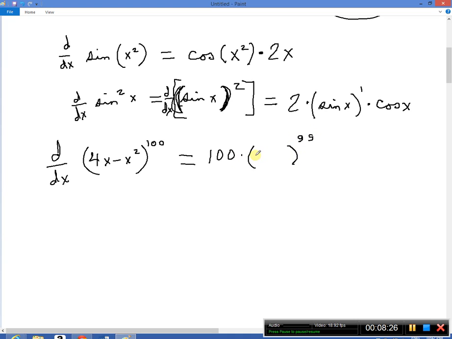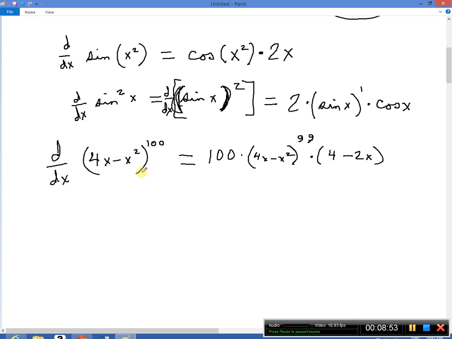And whatever is in there in this case is 4x minus x squared. Okay, that's the derivative of the outer function, plugging in whatever was there. But now the chain rule says, you've got to multiply by the derivative of what's inside. And that's going to be 4 minus 2x. Okay, and that's it. That's the derivative of that quantity.